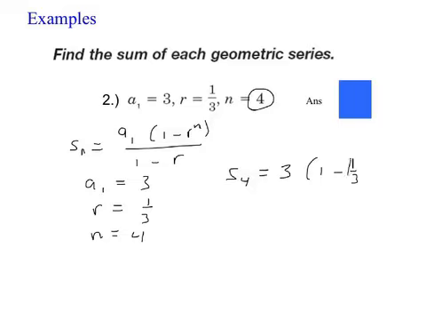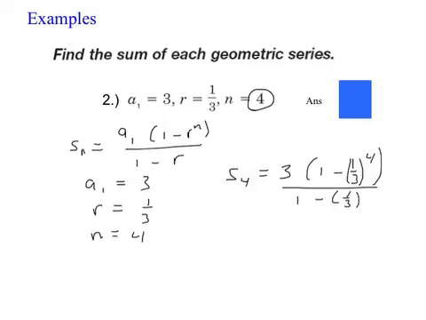I'm going to put parentheses around that third because we're going to raise that to the 4th power, all over 1 minus 1/3. Do you notice the way I put parentheses around what I raised to the 4th power? It's pretty important that you do that so that it raises 1/3 to the 4th. I'm going to pause this for a moment. You go ahead and grab your calculator and see what you can do in simplifying that.